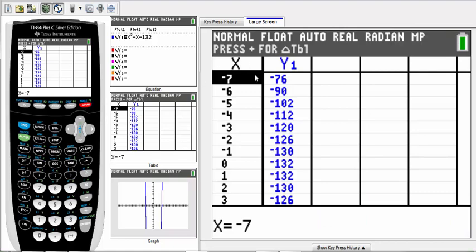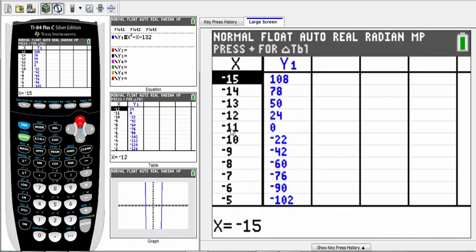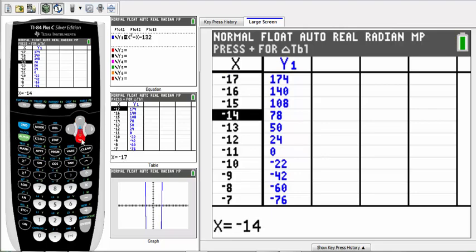And as I'm looking at my table, I see that these negative values are getting closer and closer to 0 in this direction. So let's go find that one. Oh, there it is. So one of my solutions is negative 11 players. Whoa! So negative 11 players is one solution. And our other solution, let's scroll up the other way. And again, what we're looking for is a trend change.